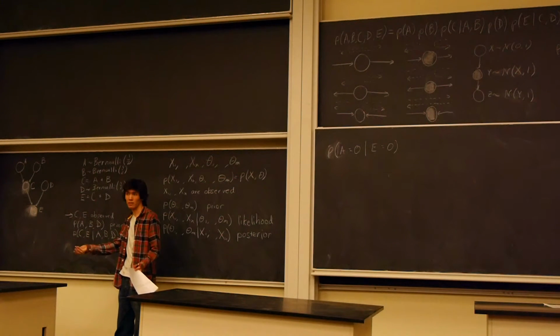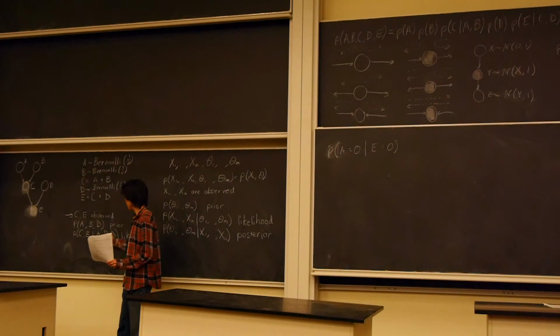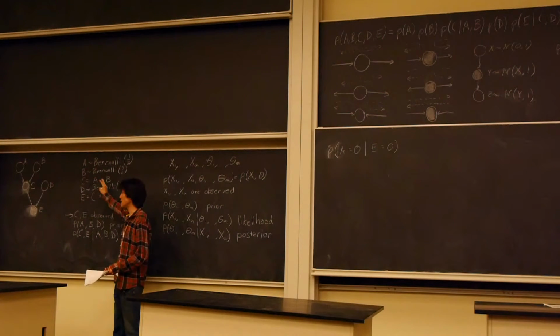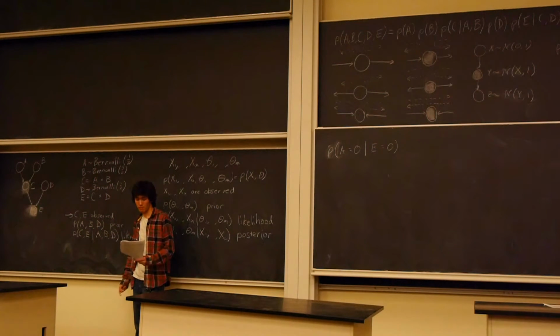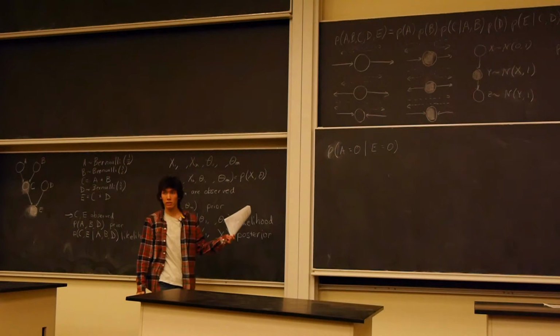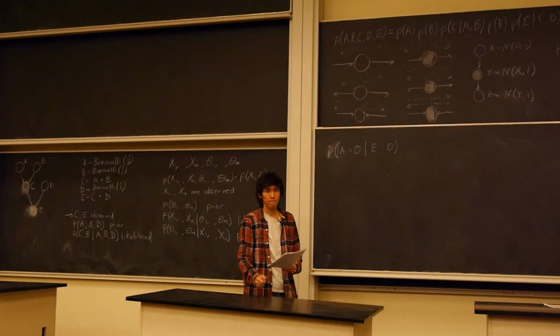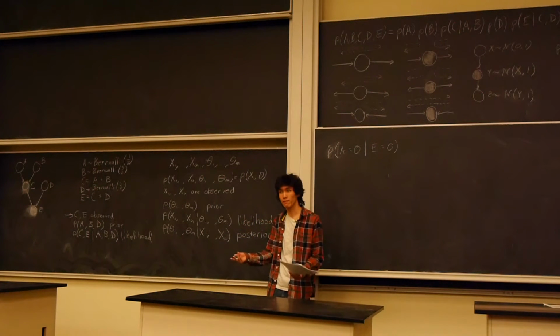They can't be negative, right? So that means that both C and D have to be 0, and that also means that A and B also both have to be 0. And so what's the probability that A equals 0 given E equals 0? Well, it'll be 1, right? Because it's the only possibility.